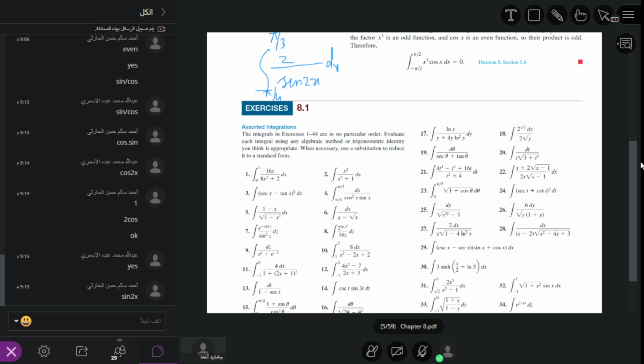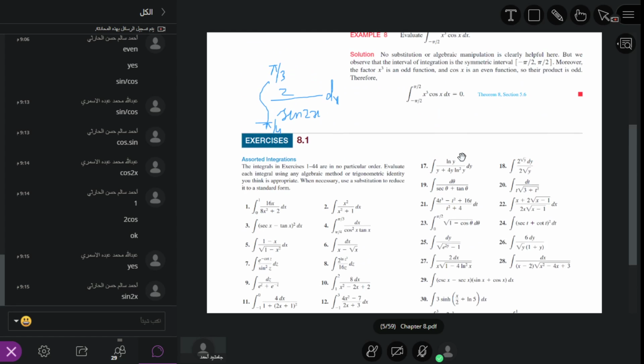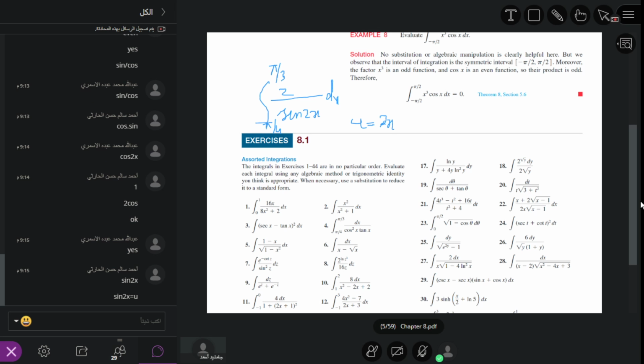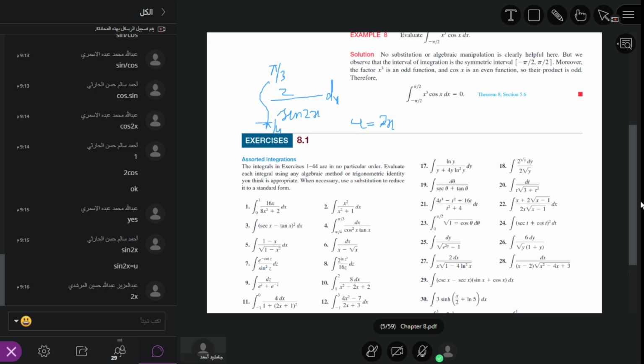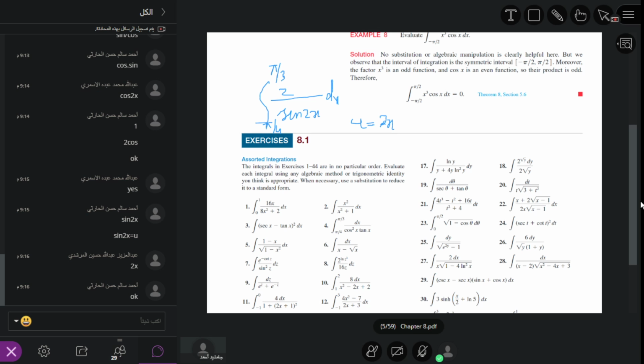Now we will use the substitution method. What substitution will we put here? We suppose u is equal to just 2x, not sine 2x.